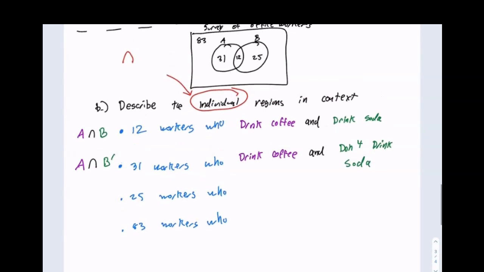All right, let's talk about that next region, the region with the 25. There's only the same A prime intersection B. Why is it A prime? Because it's outside of A, but inside of B. So these are 25 workers who don't drink coffee but drink soda.